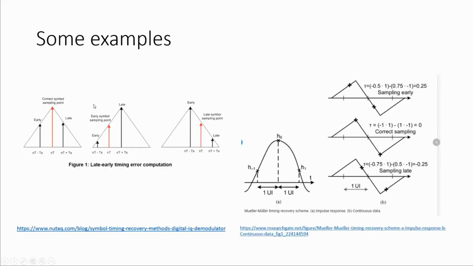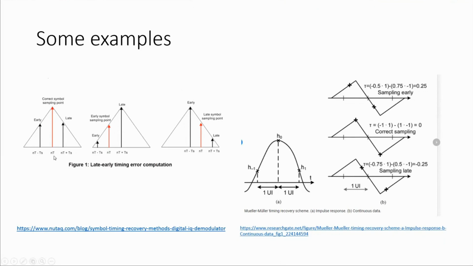So the early-late assumes a lot of stuff that we didn't talk about. A matched filter, an integrator, all these things. But if we had square wave pulses and we had a matched filter, which you don't know what it is, but you should look it up because it's a whole other topic, and you went into an integrator, as the pulses move across each other, you get a triangle.